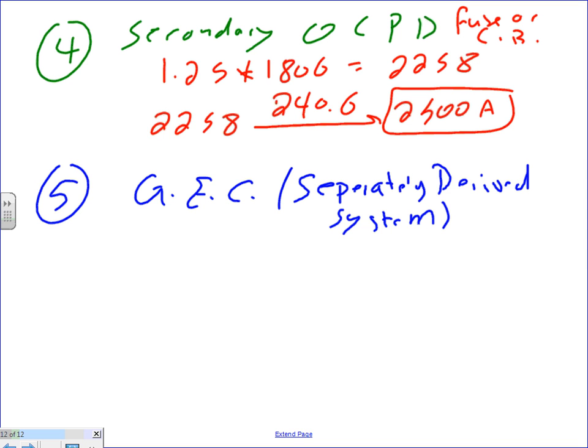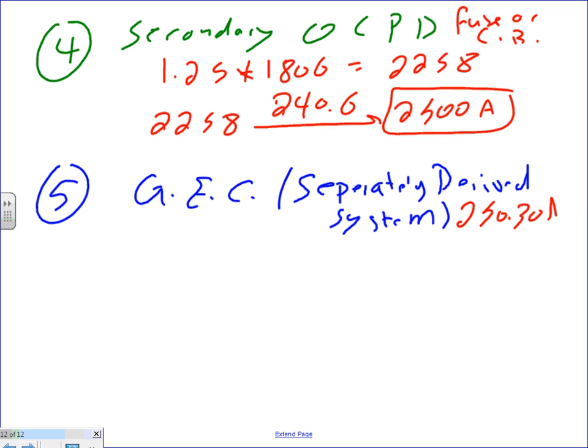The second one is the separately derived system grounding. What did we say? The same. That will be 250.30. Anybody remember the 250.30 what? A5. Thank you.